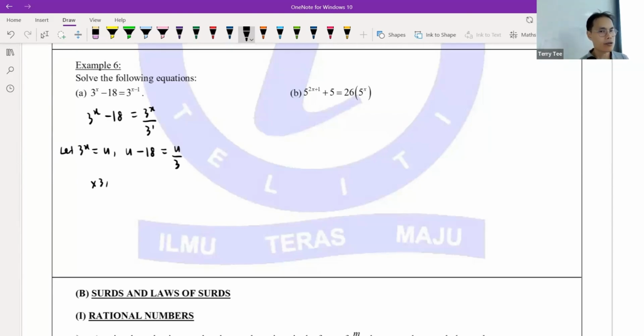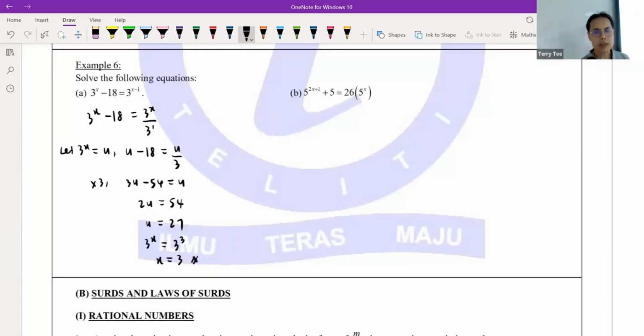Multiply everybody by 3. So 3u minus 54 equals u. 2u equals 54. u is 27. But what is u? u is your 3 power x. And we know 27 itself is 3 power 3. Your x is therefore 3.